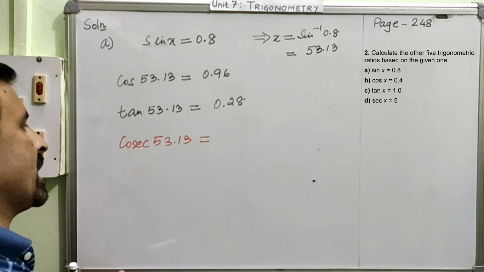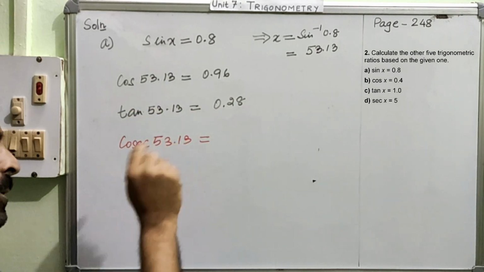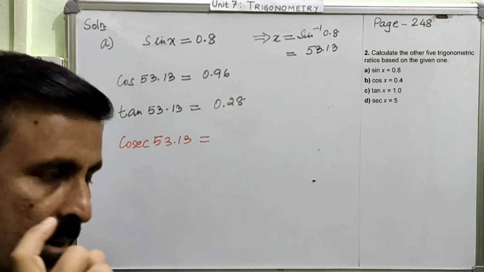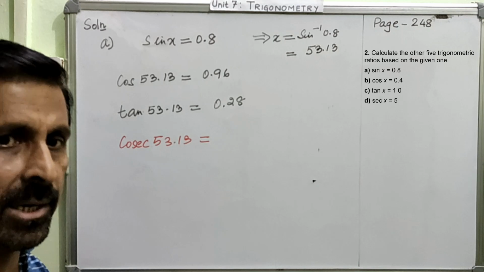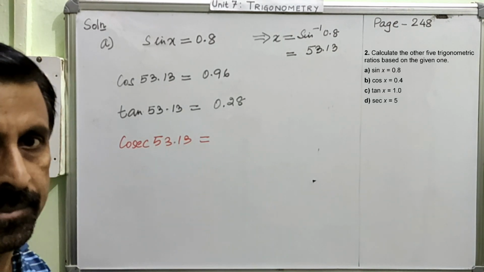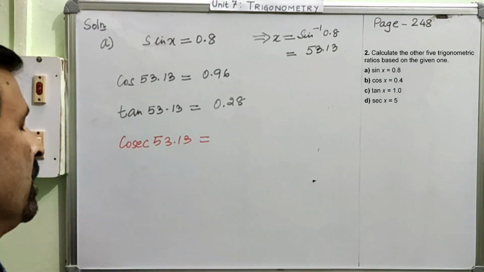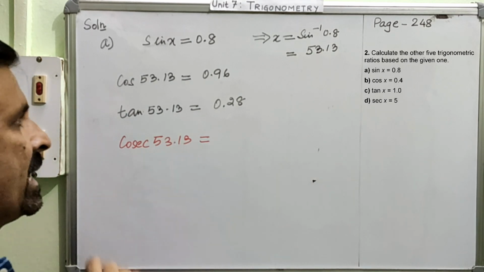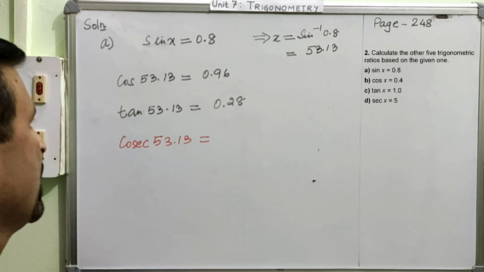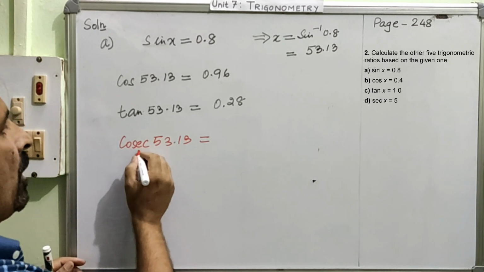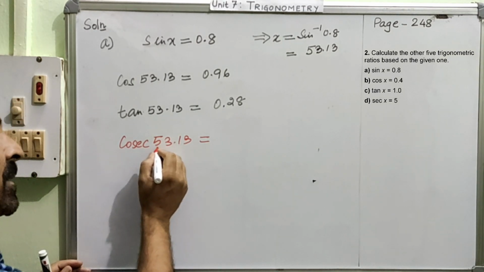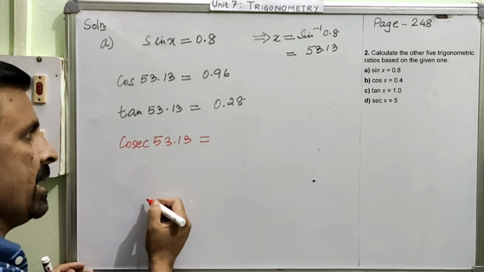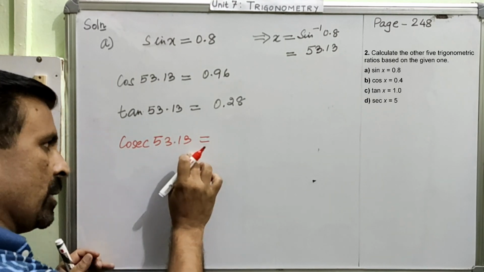Now when you are calculating the value of the reciprocal of a trigonometrical ratio, you have to keep in mind that directly this cannot be calculated, because in your calculator also you will not find the reciprocals. Am I clear? So we will do this question indirectly. Very simple. Now you are going to find the value of cosec 53.13 degree, right? So how are we going to calculate this one?